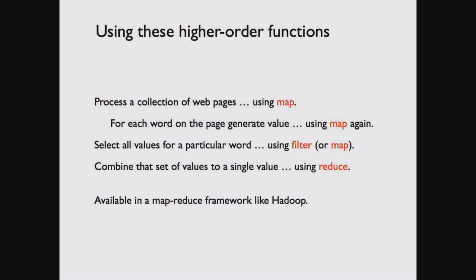So these map reduce frameworks take these functions from functional programming, that's where they came from originally, and they scale them up into a framework which can do very efficient, very effective data processing. So we can see these things are not just a curiosity, but they're useful in practice.